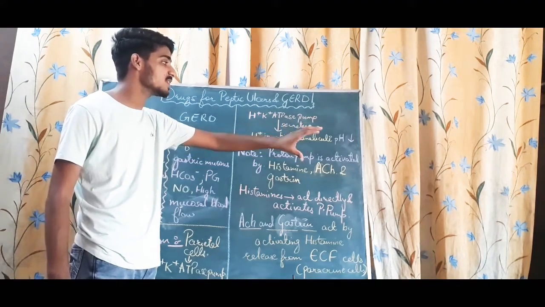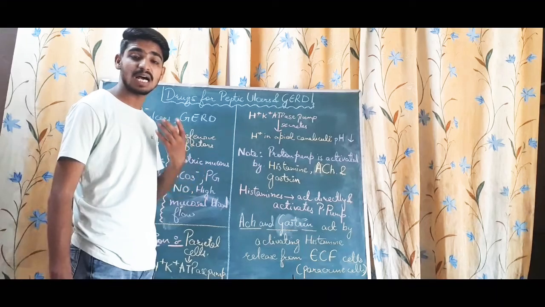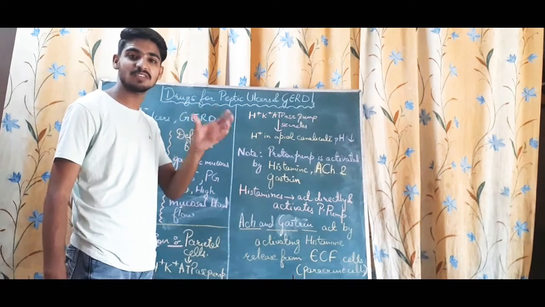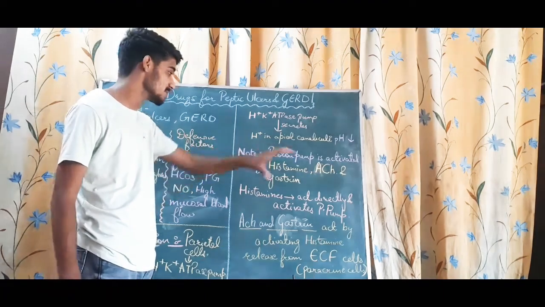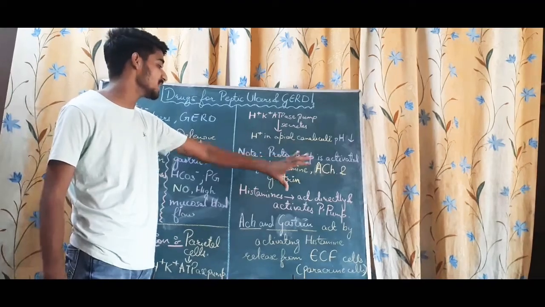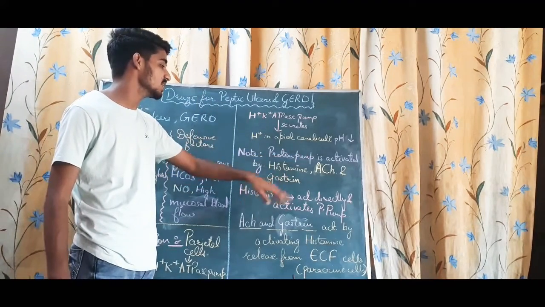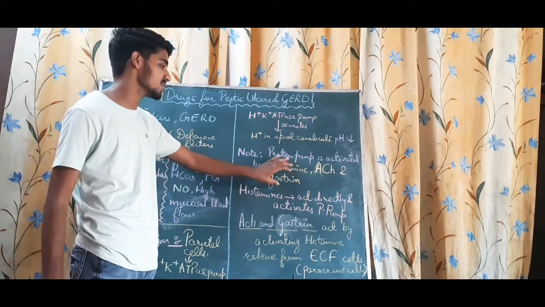And what will this cause? This will cause the lowering of the pH of the stomach, to aid the churning of the food and to emulsify much of the carbohydrates in the stomach itself. You must know that the proton pump is activated by three basic chemicals: histamine, acetylcholine, and gastrin.